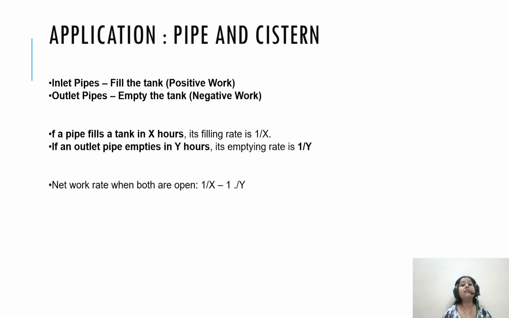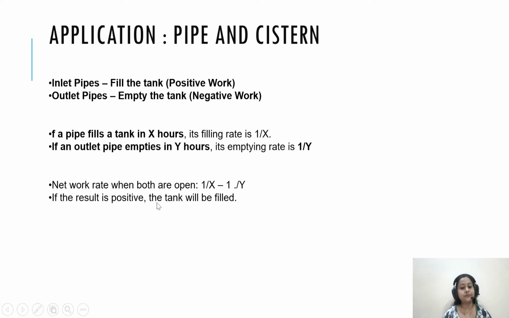It depends on the relative strengths of the pipes, the relative efficiency rate of the pipes. If the inlet pipe's efficiency rate is higher than the outlet pipe's efficiency, then the tank will be filled. On the other hand, if the outlet pipe's efficiency rate, which is 1 by Y, is higher than the inlet pipe's efficiency rate, then the tank will never be filled. It will always be emptied if both the pipes are open.